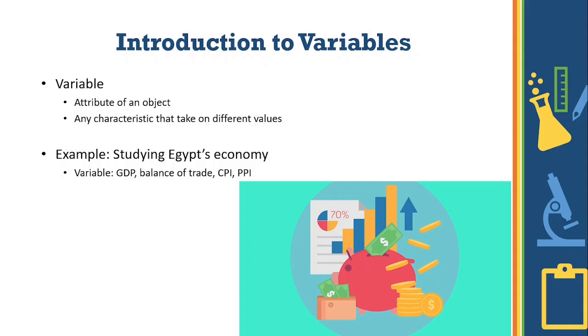So these economic indicators work as characteristics of your object, which in this case is the economy itself. The economy, being an object, has a vast variety of variables that attribute it.